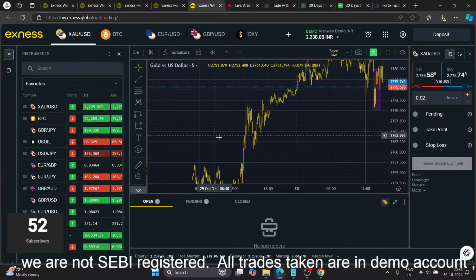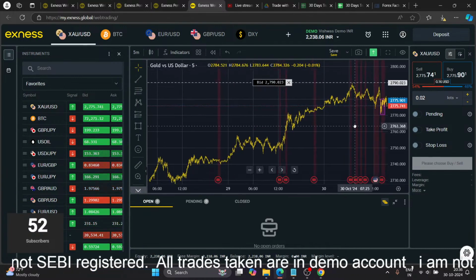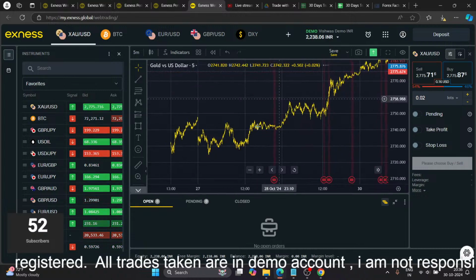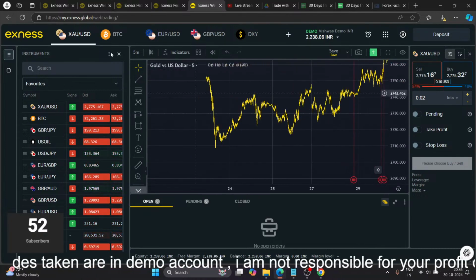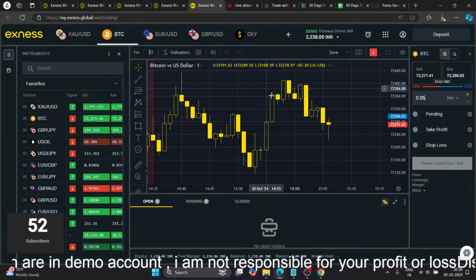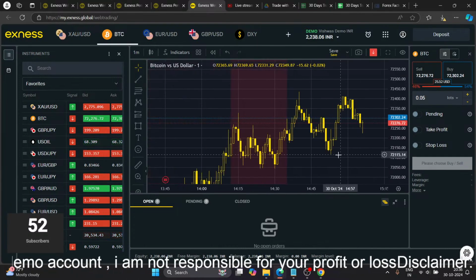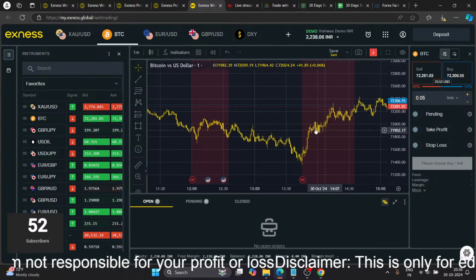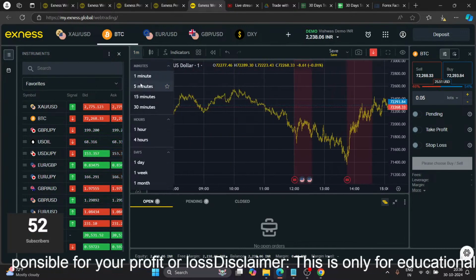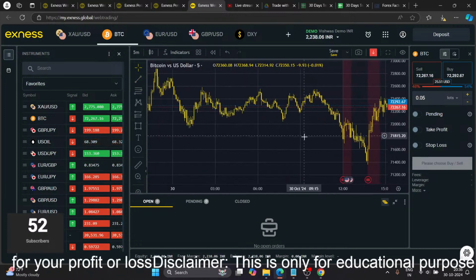I'll go on a 5 minutes time frame, or let me show it in BTC, it's more clear over there, because gold has been very bullish nowadays. So, 5 minutes time frame.